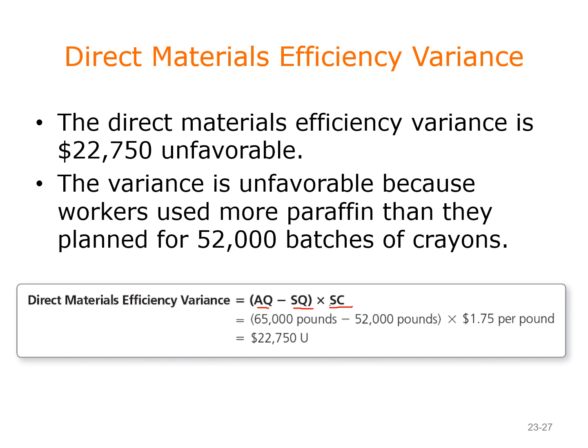The actual quantity of input is 65,000, we just said that in the last slide, minus 52,000, multiplied by the standard cost, which is 1.75. So it is 22,750 unfavorable. Why unfavorable? Because the actual is higher than the standard.